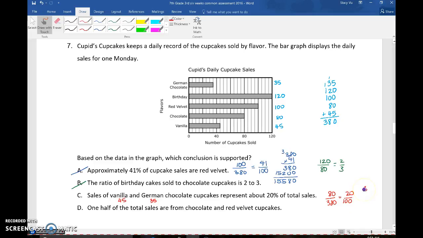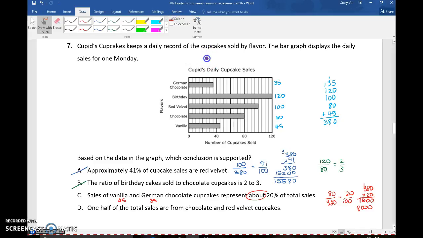So I'm going to do 380 times 20. 0, 0, 16, 6, 76. And it says about 20. So 80 times 100 would be 8,000. So 8,000 versus 7,600. Those look pretty close, so that's a maybe.